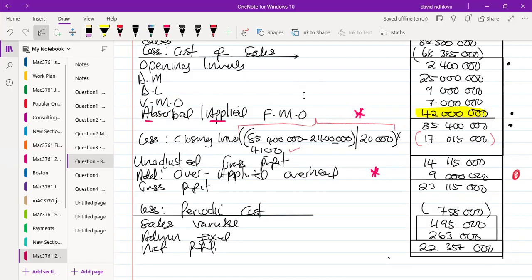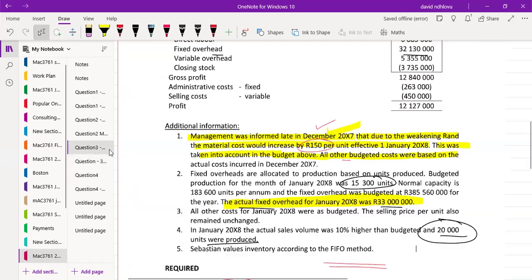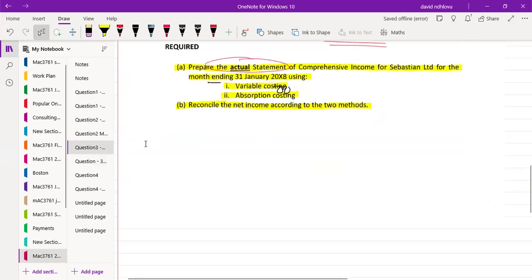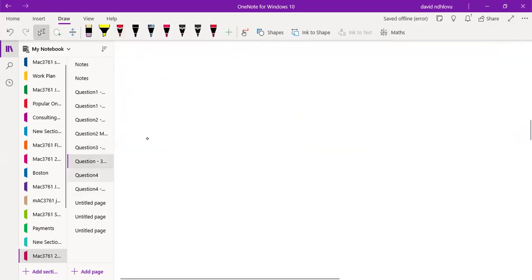Right, then the final thing that we need to do on this particular question is a reconciliation of the net profits.